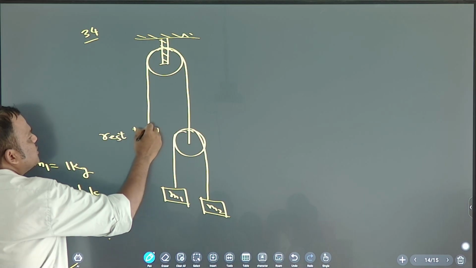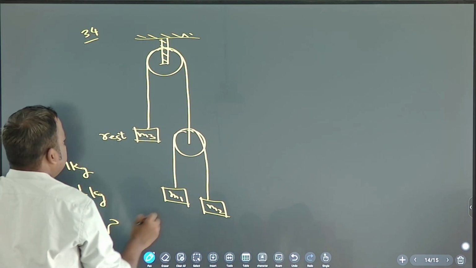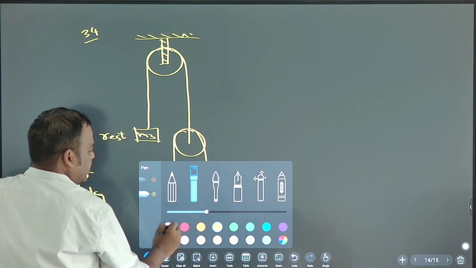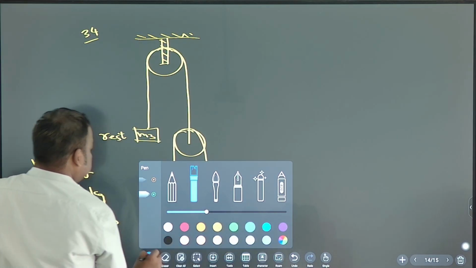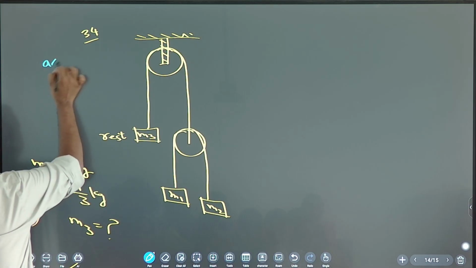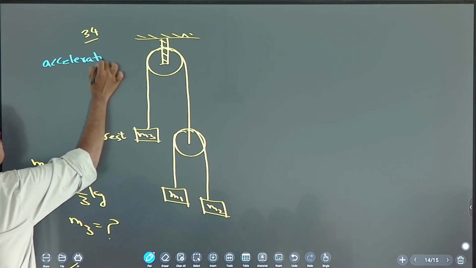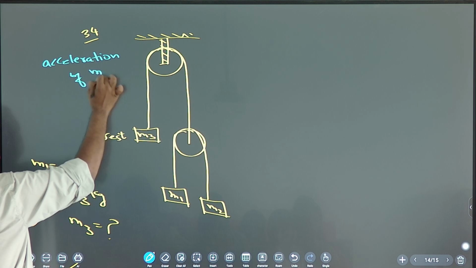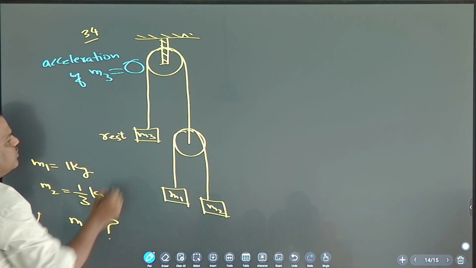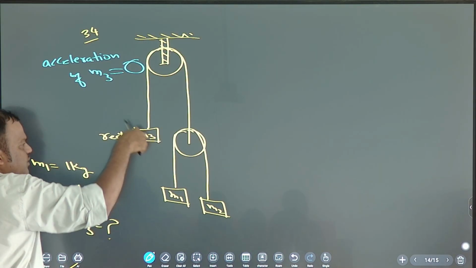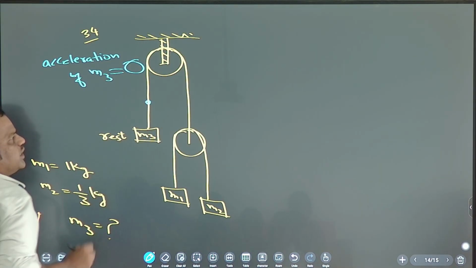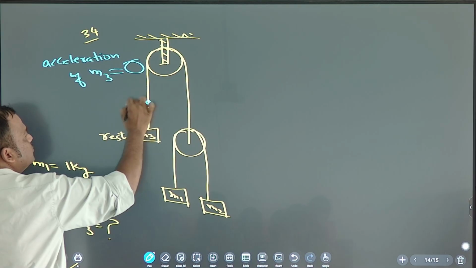So what is the acceleration of M3? 0. So the acceleration of M3 is 0, note down. If it is not going up and down, 0 acceleration. What is the acceleration of this point? 0, rest.